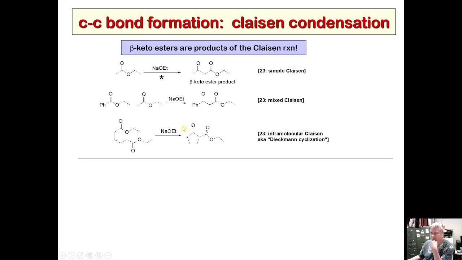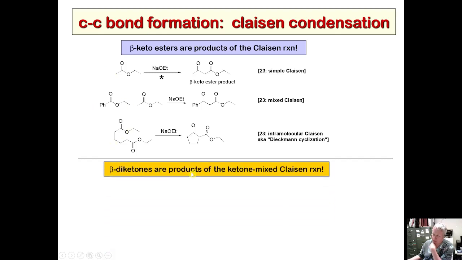Okay, so then there's also something called the ketone mixed Claisen. It's just a variation on the Claisen, and it makes a beta diketone. So it's two ketones that are beta to each other. If you haven't seen this one yet, it's just going to be a twist on the Claisen, and it'll be covered in class also.